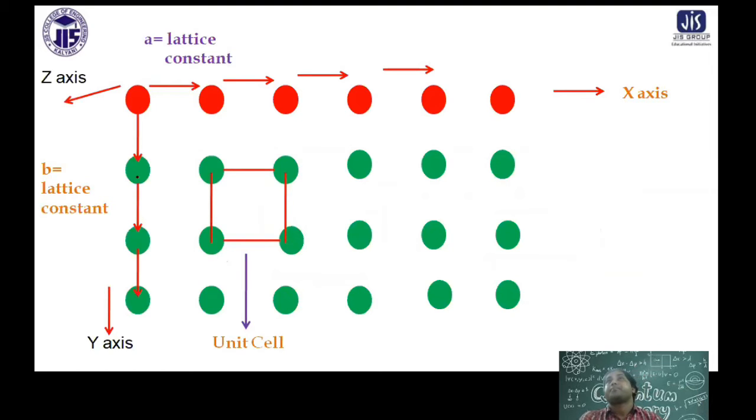Now that red box coming out is called a unit cell. So this is the unit cell.